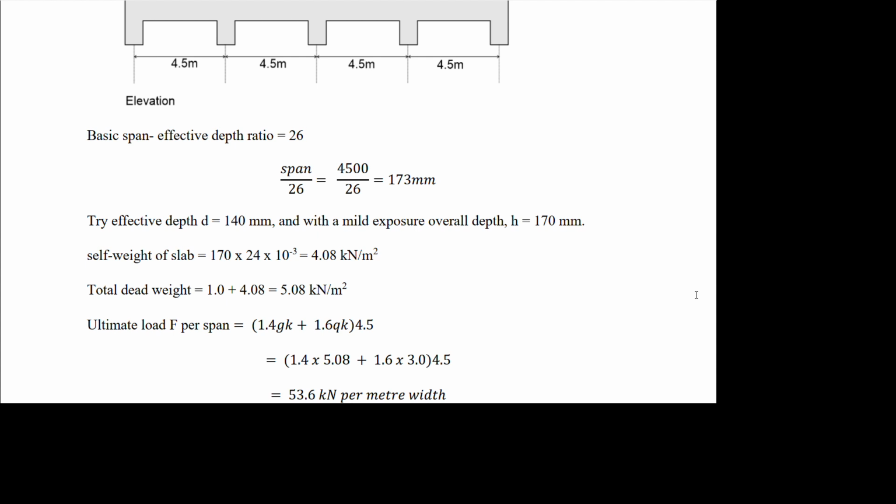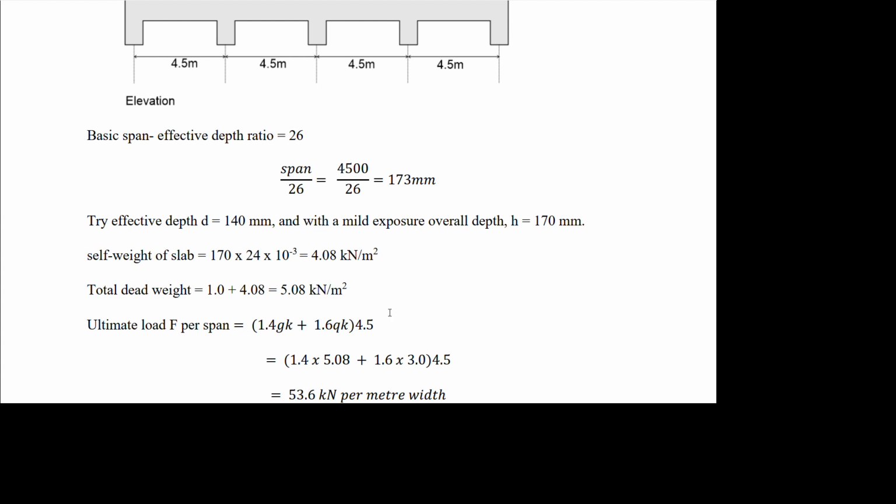You first select a trial depth, then we'll check whether the depth will be lesser than the limit depth. But I will show us how we'll start everything from beginning to end. And please take note, here we calculate the self weight of the slab, which is 170 times 24 times 10 raised to the power of minus 3.